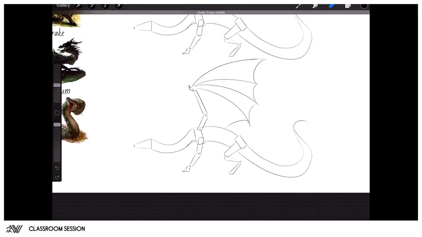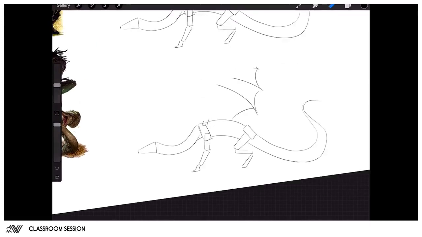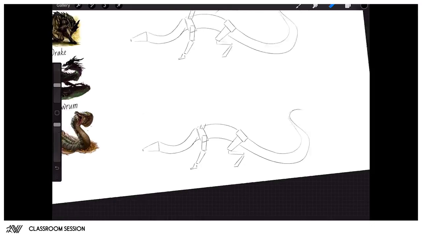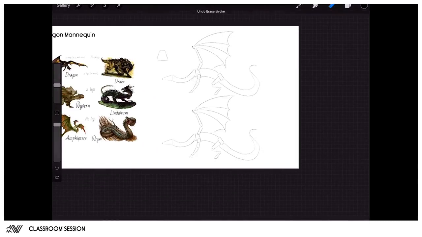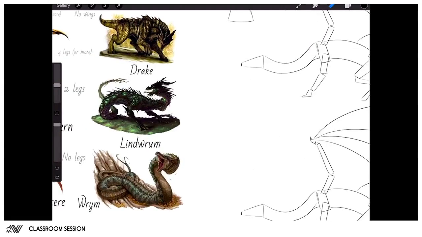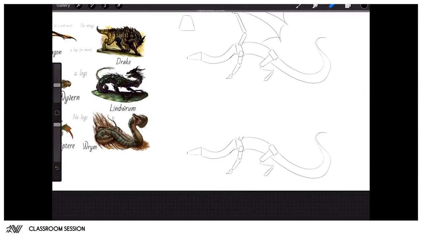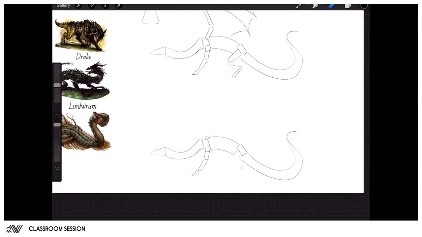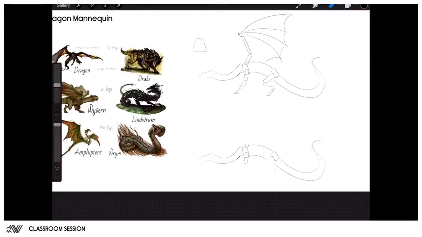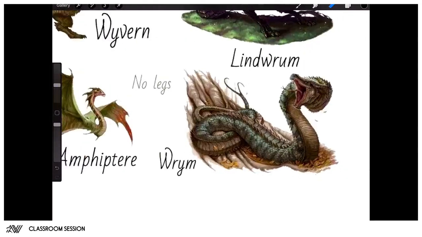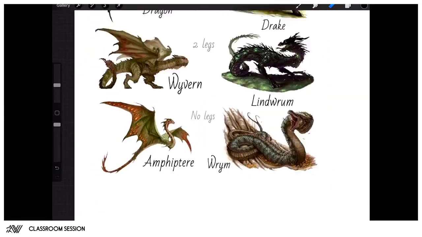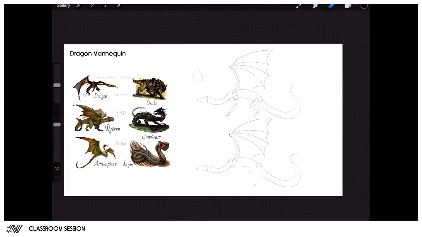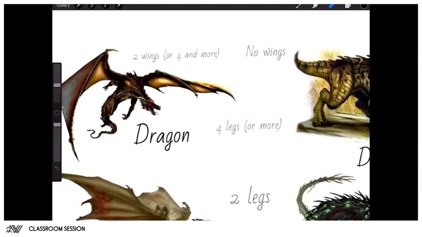If I undo that and I take away his wings and I change his proportions a little bit, I have a drake, right? And if I then take away the rears, I have a lintworm. If I take away everything, I have a worm or rim. And if I delete everything except for the wings, I have this guy, right? So basically, it's just an alternative of the dragon.